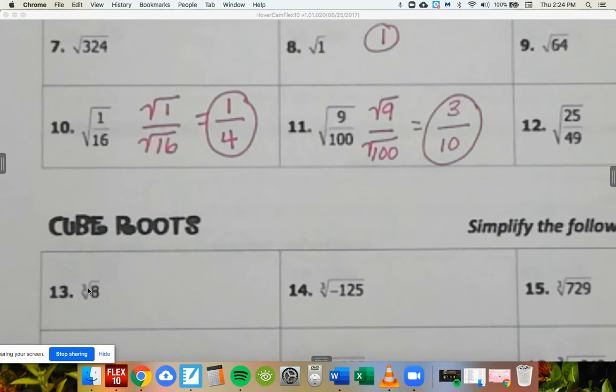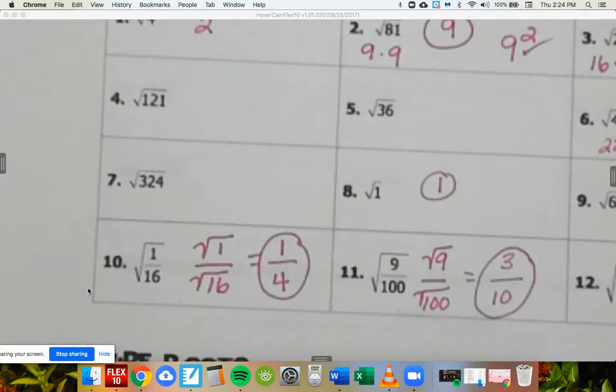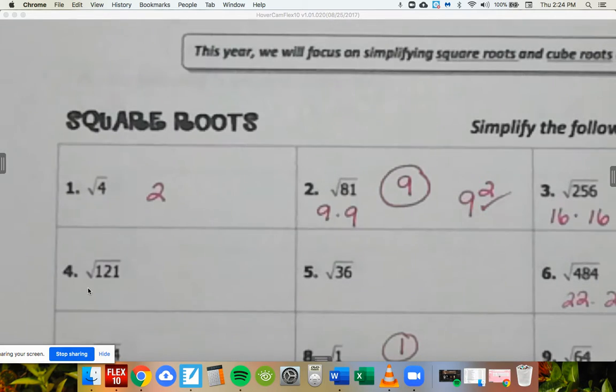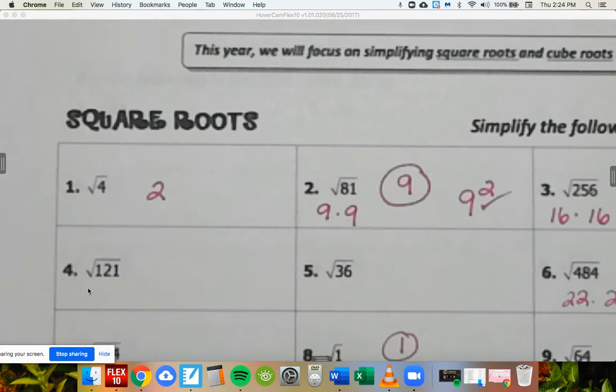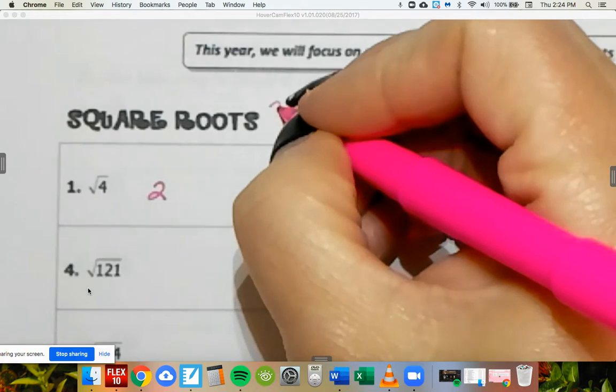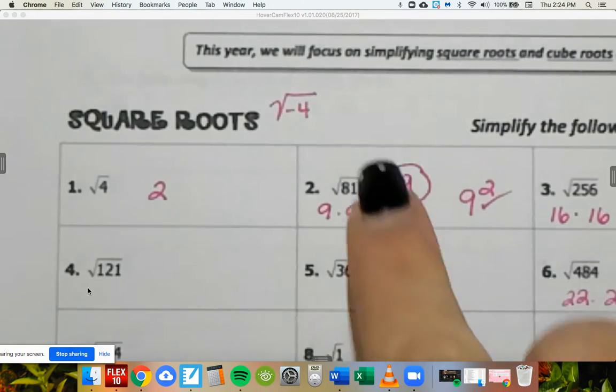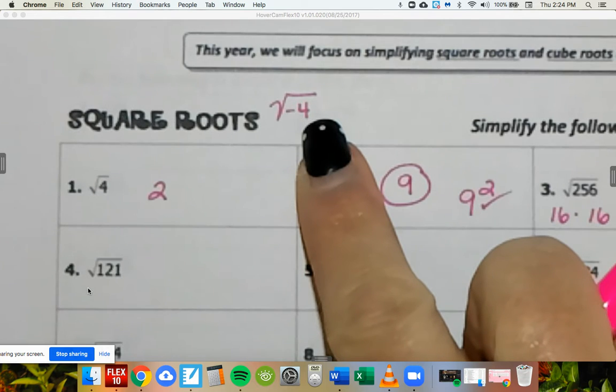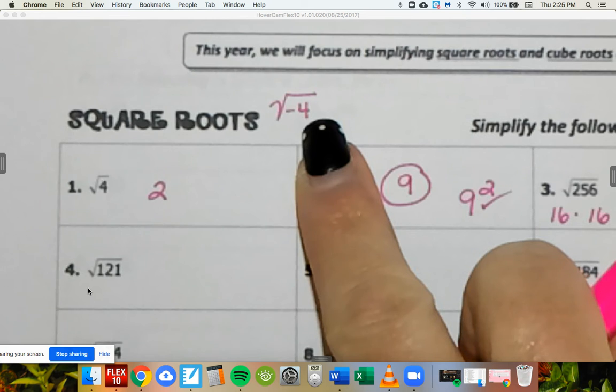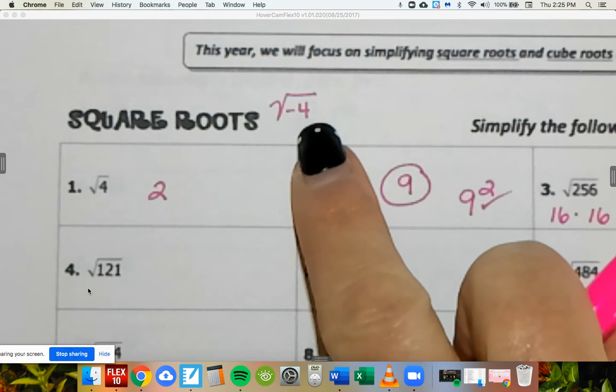Okay, but let me give you a little bit of a heads up about square roots. So I'm going to go back up here and we're going to write something kind of important. Even though it's not on these notes, I do want to talk about it. What about a situation like this? Can I take the square root of a negative number? No. The answer is no, you can't. Because no number times itself will ever be -4.